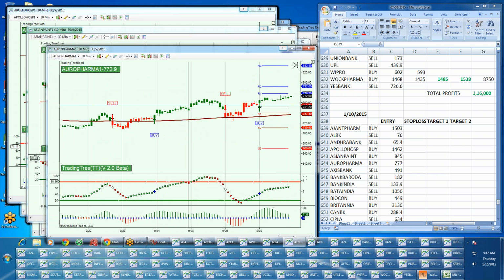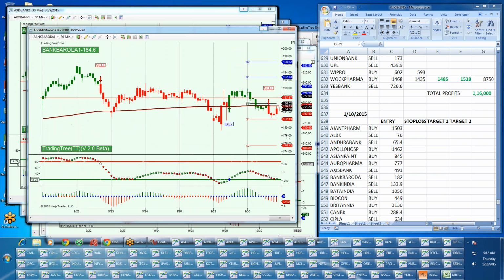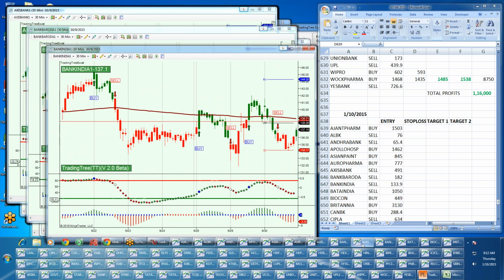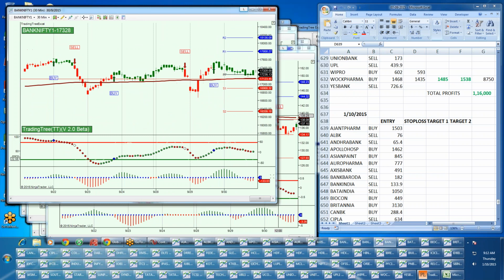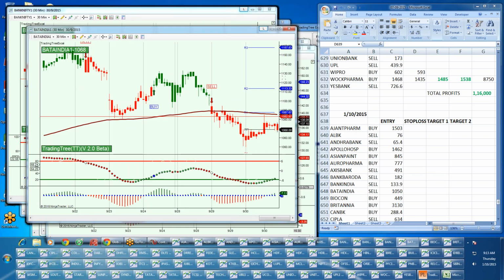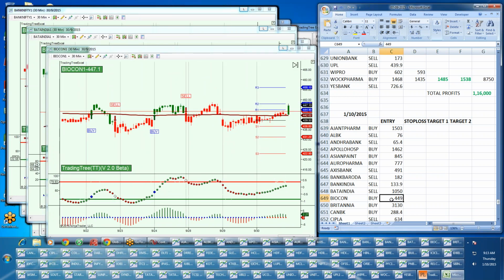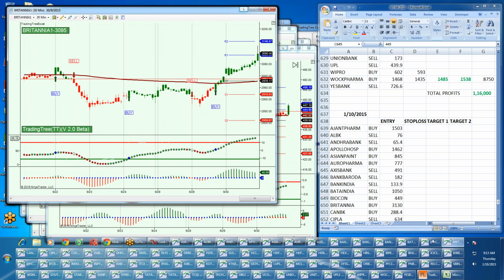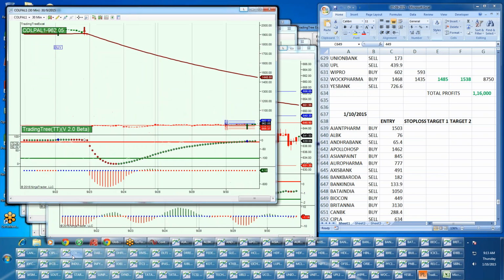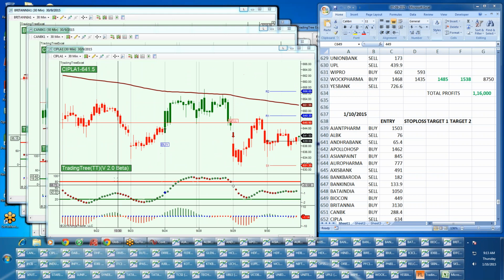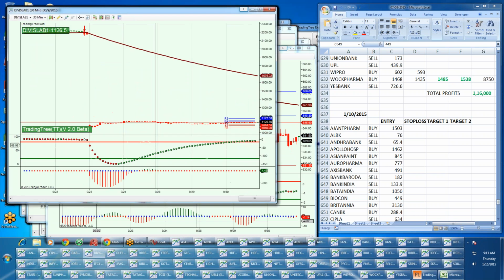Aurobindo Pharma, Axis, Bank Nifty, Biocon we have a buy call 449. Just close this call. We might not get a clear call on this. Same thing with DHFL and Divis.